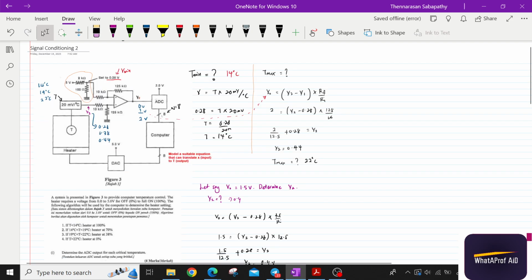And now we want to get the V2. This is the output voltage of the sensor stage. 0.455 equals V2 minus 0.28, times 2.5?